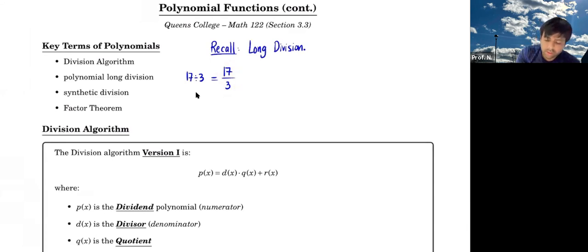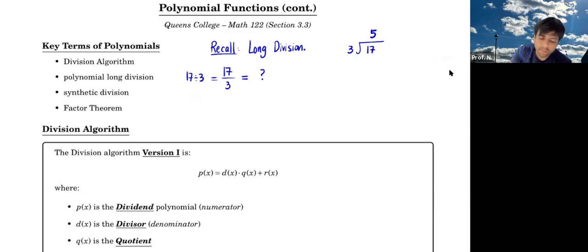Now, how do we express the answer? Don't we take 3 and ask ourselves how many times does 3 go into 17 first? And then we say, oh, 5, if we multiply 3 by 5, that gets us really close to 17 without going over 17.